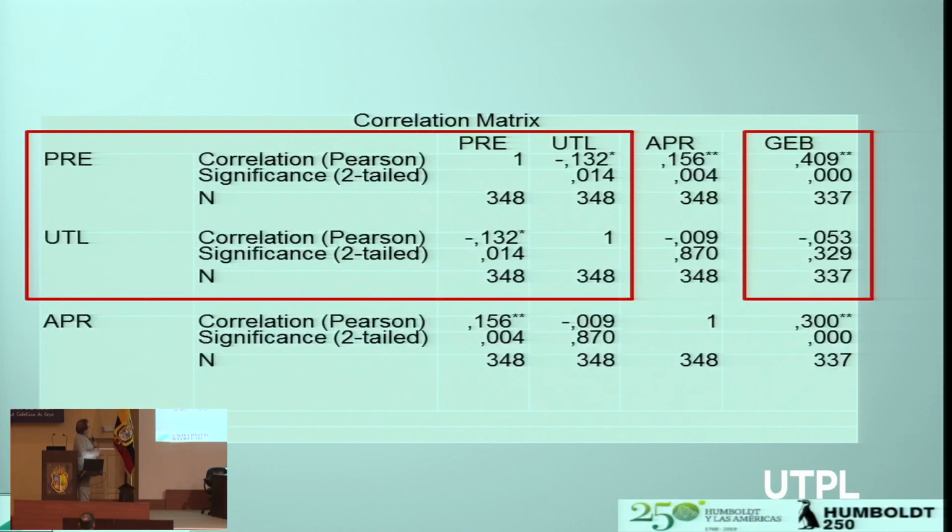Of course, the more you prefer the protection of nature, the less you prefer the utilization. That means there is a negative relationship. Sometimes it's very strong, sometimes it's not. It depends on the sample. But if you look at the behavior, you see people who have preferences to protect nature have a strong relationship to the general ecological behavior scale, a positive one, while the utilization has none.